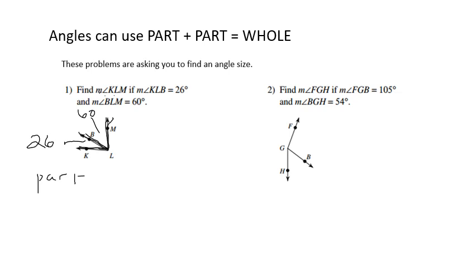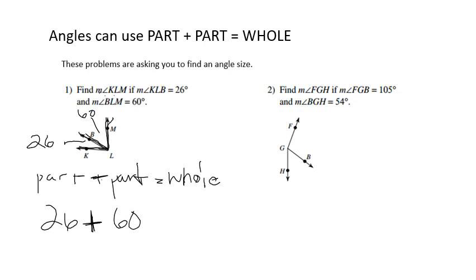You would have part plus part equals whole. So you would have 26 plus 60 equals 86.